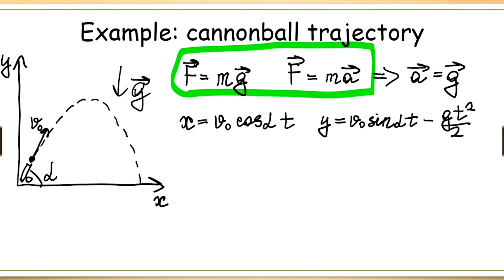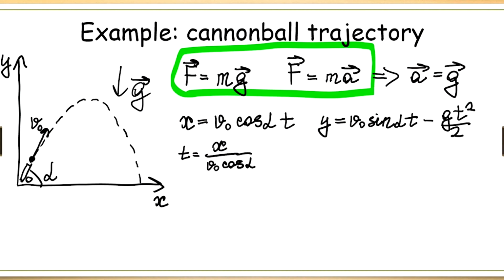And this means that we can write down the equation of motion for it in the form of a system of two equations on the coordinates x and y. Now note that g only enters the equation on the vertical coordinate y. Now we can exclude time from this system of equations.